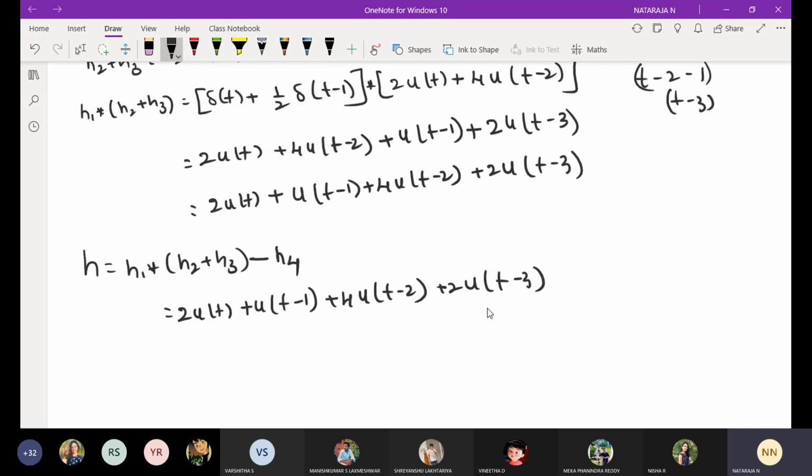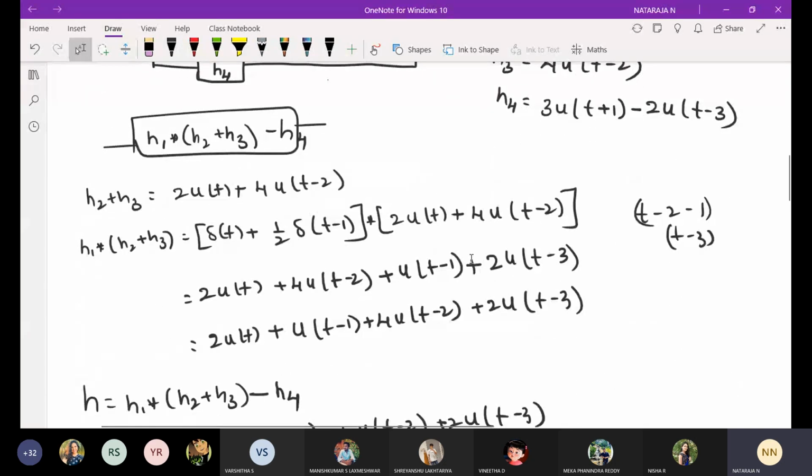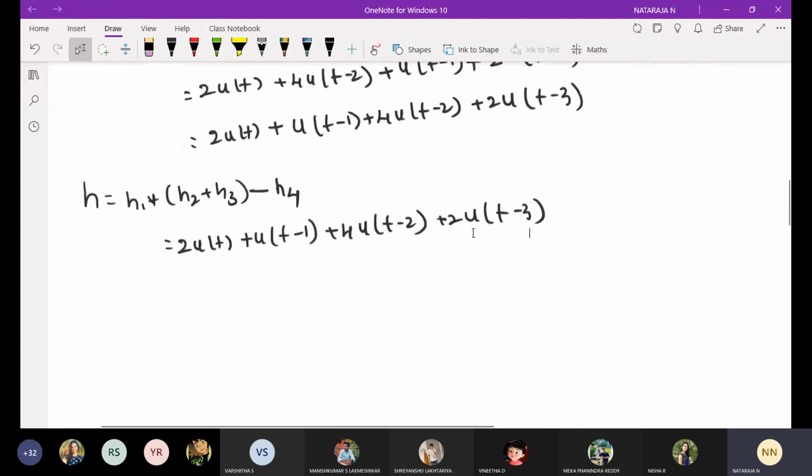Next I have minus of H4. H4 value will be 3u of t plus 1 minus 2u of t minus 1. First one will be negative, second one will be positive. That is minus 3u of t plus 1 plus 2u of t minus 3 I am going to get.